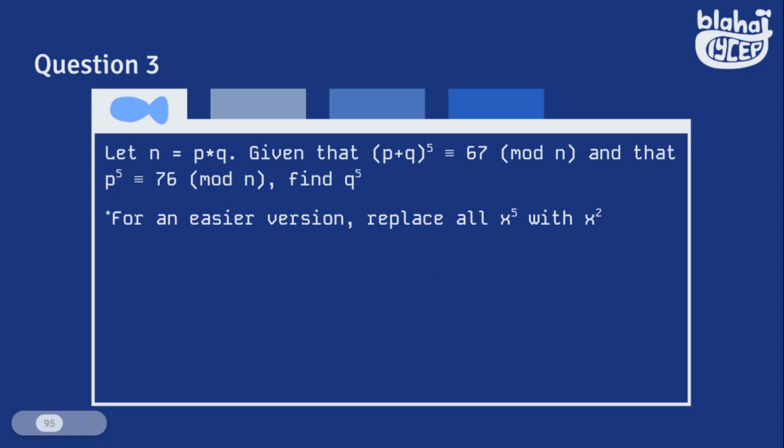Okay, great. So now we're moving on to question 3, which is the hardest question. So I'm not going to read it out, but the concept for this question is not what we have taught, but rather it is to expand the expression.